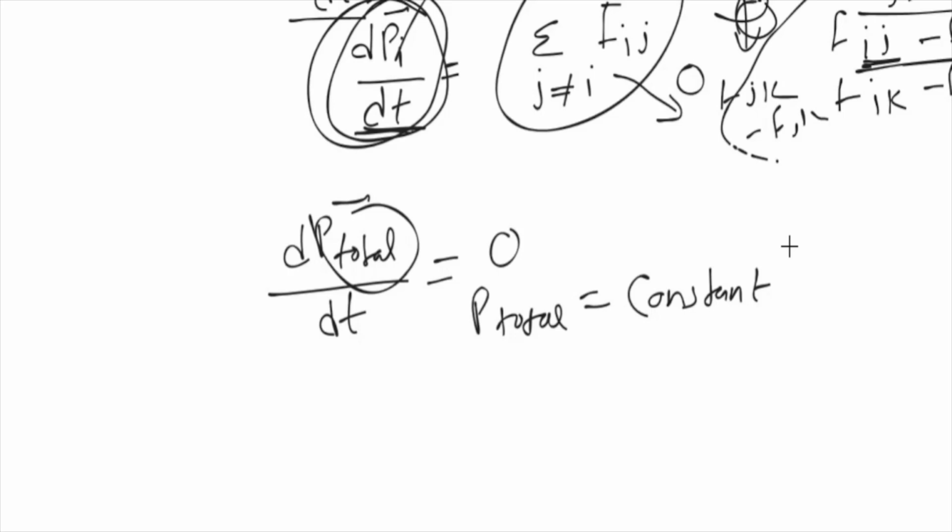Because if the differentiation of any quantity is 0, it means that quantity is constant or conserved. This is the momentum conservation law, or we can say total momentum is conserved as a consequence of Newton's third law.